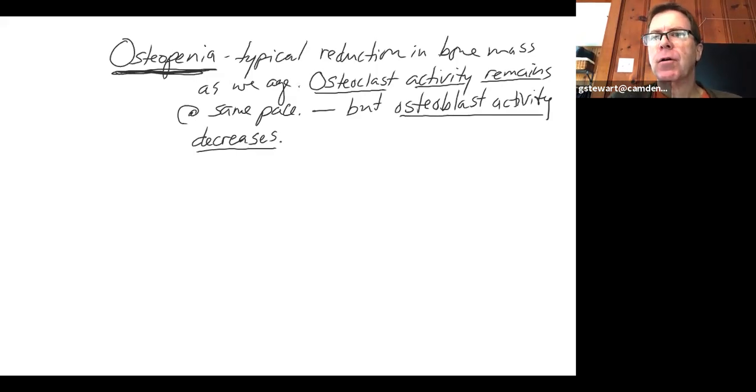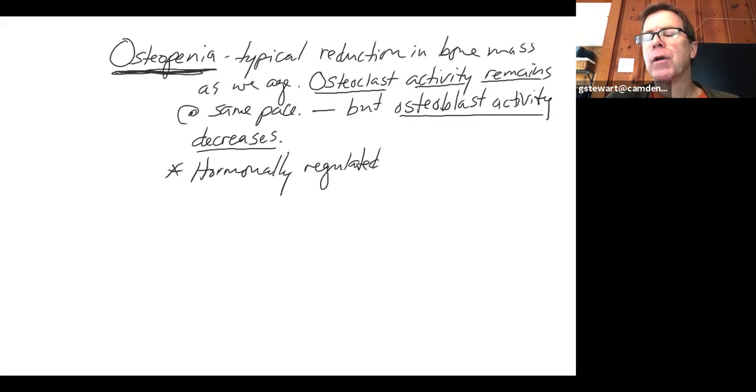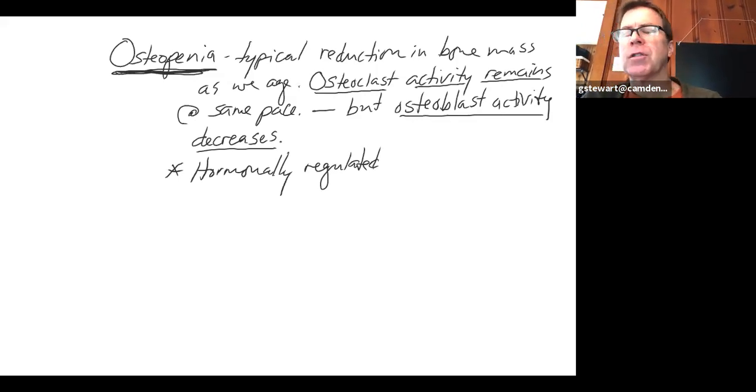And this is hormonally regulated. It's typically what we call sex hormones, but those are just steroids, androgens. So hormonally regulated, I'm going to write sex hormones in parentheses. We call them sex hormones just because it's estrogen and testosterone.